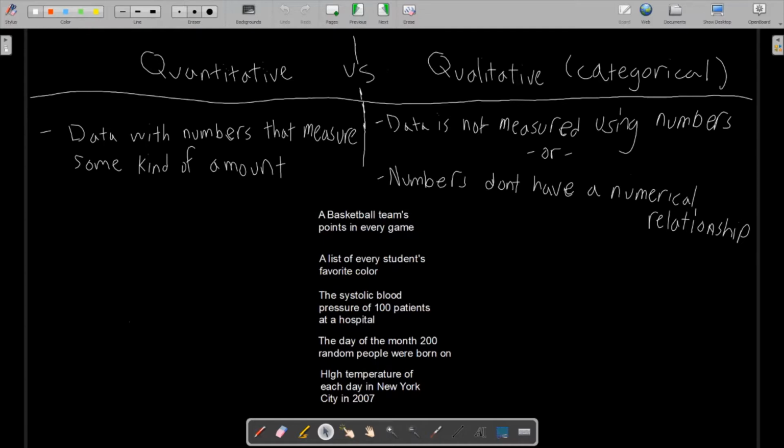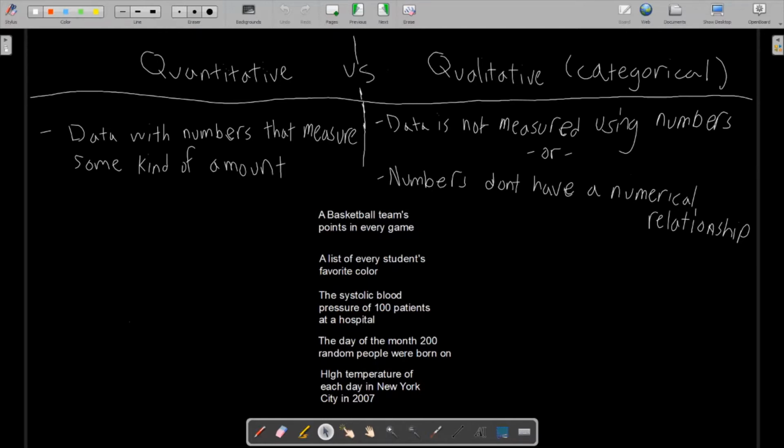Any type of question, such as maybe in a survey, who are you voting for in the local elections, or you type in the name of a candidate, or you get asked your favorite kind of ice cream. Those types of answers would create non-numerical data, and so that would be classified as categorical data.